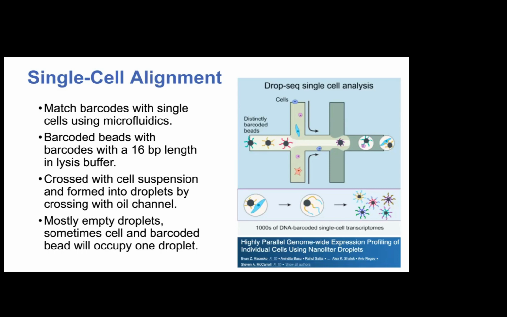So when you find a sequence that has a certain barcode, it comes from that cell. You can group them together that way. But you mostly get empty droplets, and sometimes a cell and a barcode meet together. Sometimes you have two cells, so that's what you try to prevent. That's why most of them are empty.